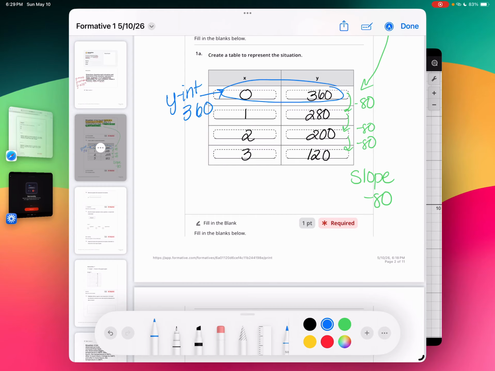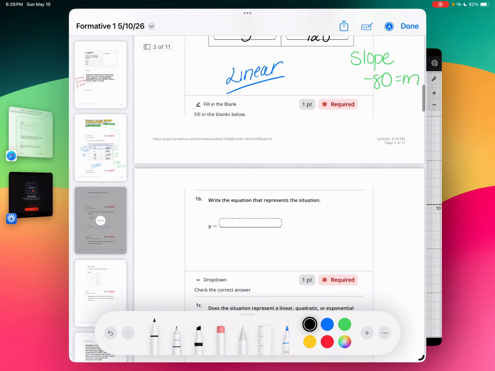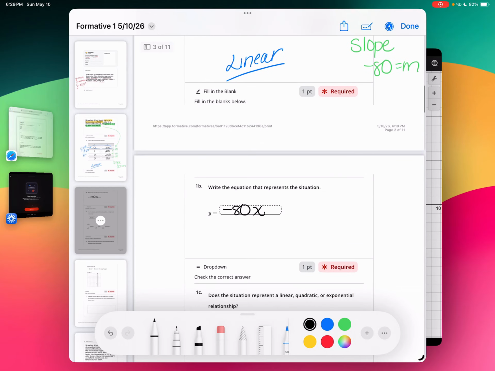Because it's a constant rate of decrease, when you see those constant patterns, that means it's going to be linear. That's your b value, and this would be your m value. So you could write y equals negative 80x plus 360.